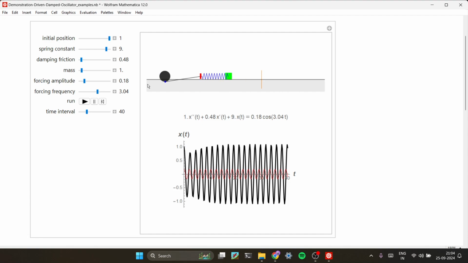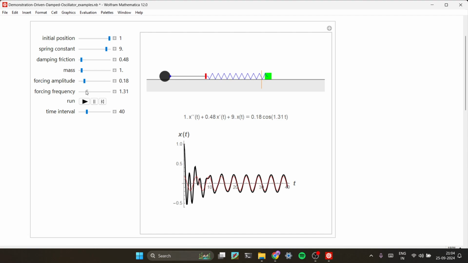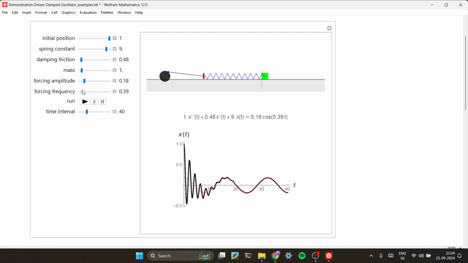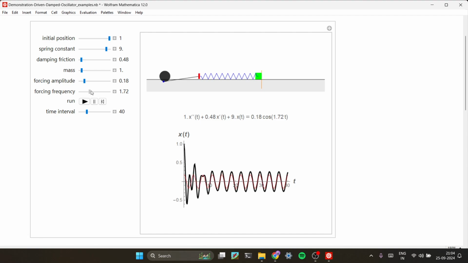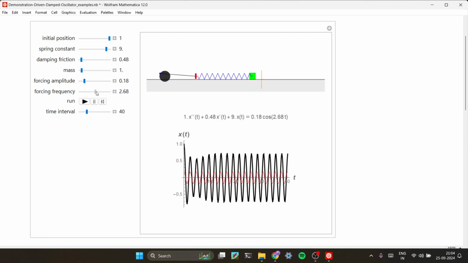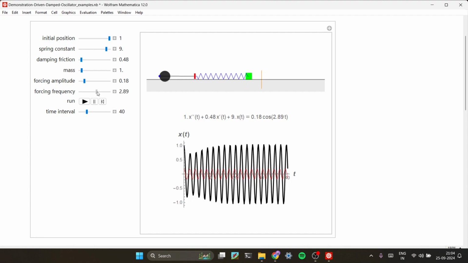This simulation is designed in that way. But here this is close to resonance, so as you can see, close to resonance, the position is very large. Here if I adjust this, I can show you that, right. So as it is going near 3, the amplitude is increasing, right?